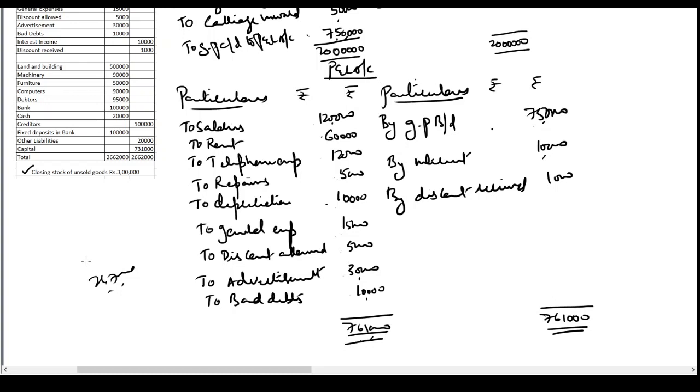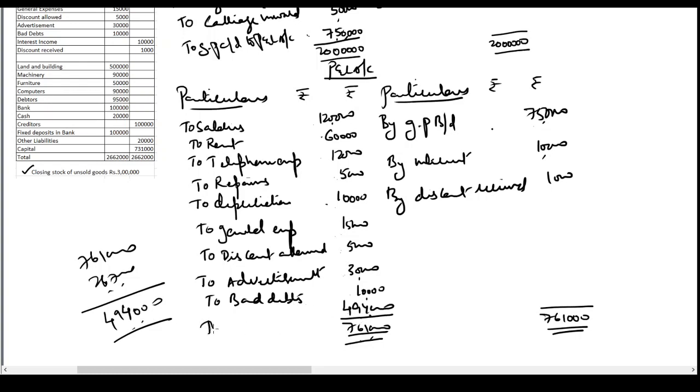Out of 7,61,000, let us subtract 2,67,000. 11 minus 7 is 4, 15 minus 6 is 9 and 6 minus 2 is 4. So we are left with 4,94,000 as the net profit.